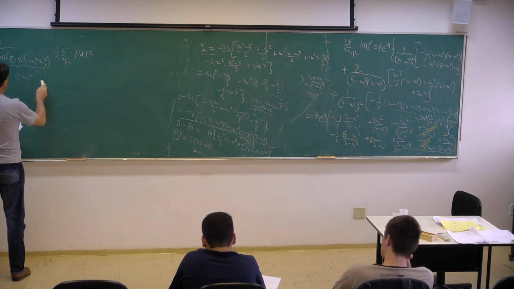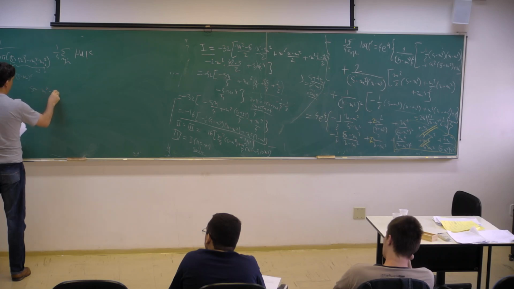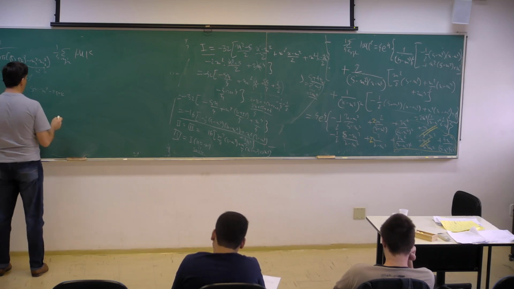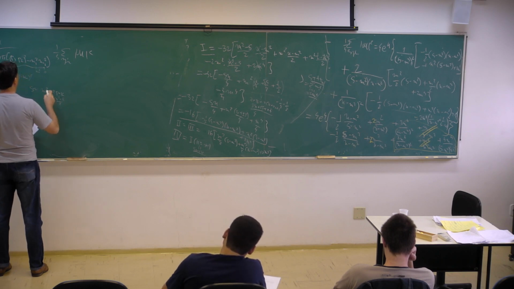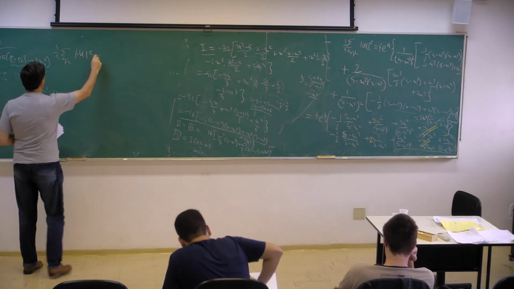And then pk, I said that s was equal to m squared plus 2pk, so pk was (s minus m squared) over 2.